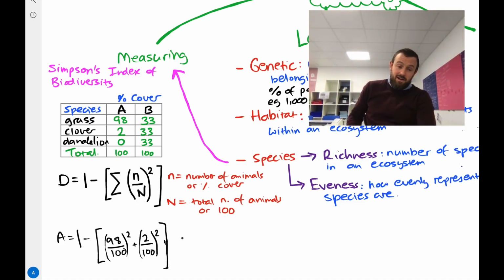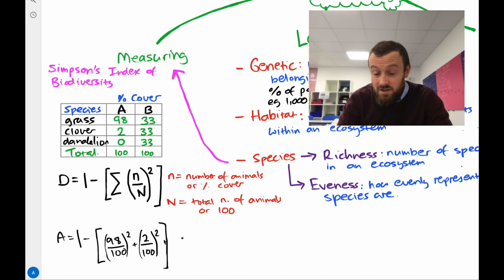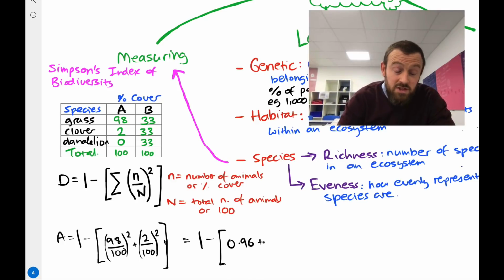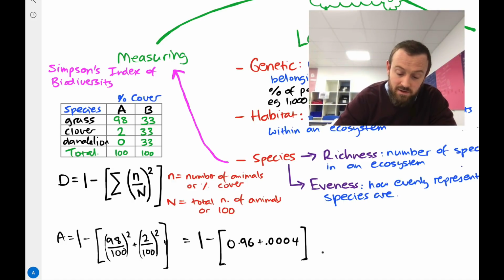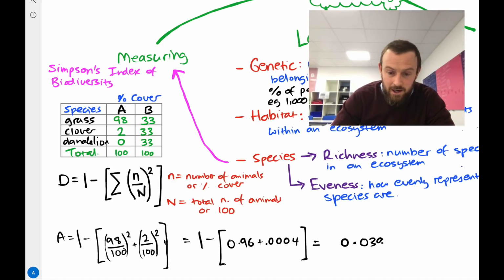Now that's going to be a number, I'm going to get on my calculator, so it's 0.98 squared, so let me just do that, 0.98 times 0.98 equals 0.96, that's the whole thing, plus the other one is 2 over 100 squared, so it's 0.02 times 0.02, that's plus 0.0004, so I add that to my 0.96, which is 0.9604, but it's 1 minus that, so 1 minus 0.9604 equals a really, really small number, 0.0396.